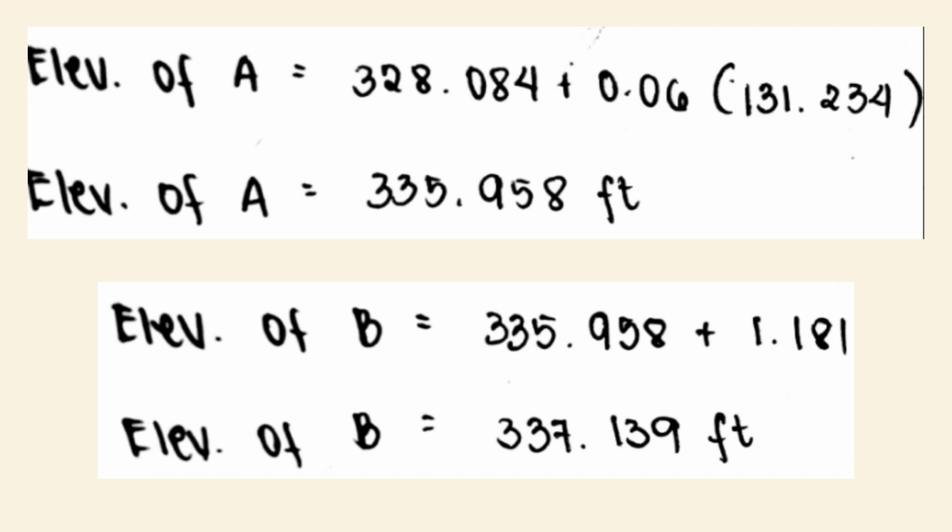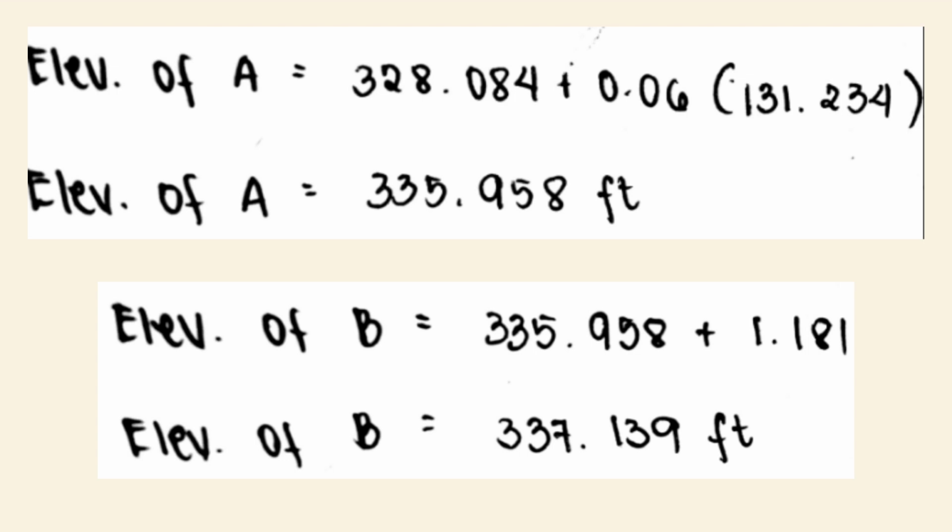So for the elevation of A, it is equal to 328.084 plus 0.06 multiplied by 131.234. Thus, the elevation of our A would now be equal to 335.958 feet.